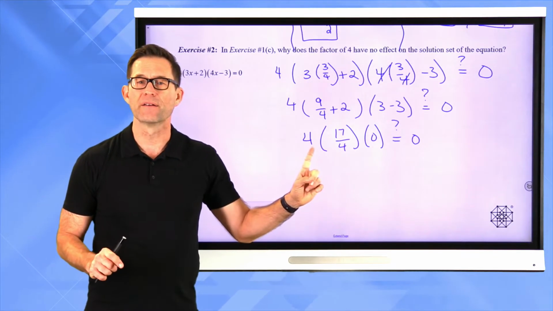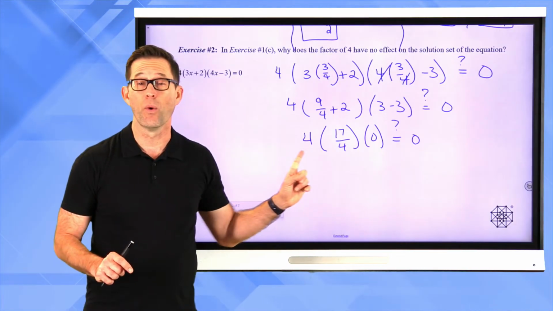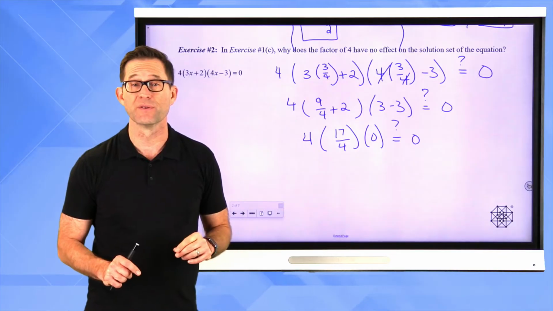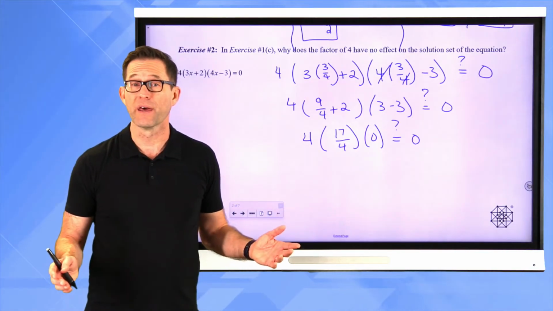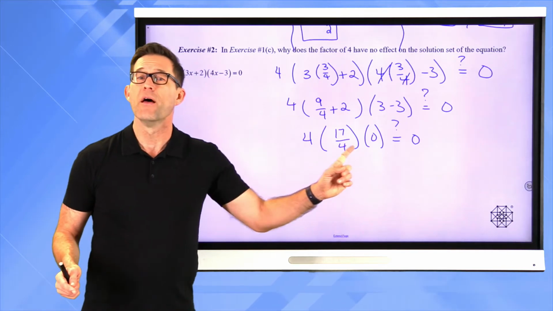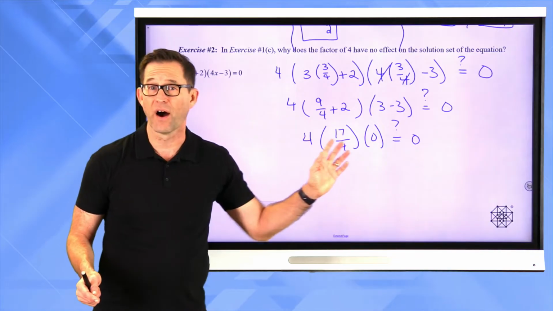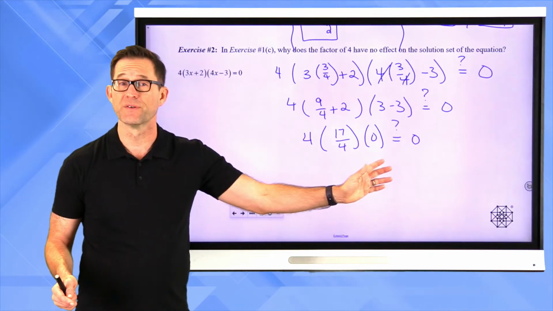And the plain fact is, as long as any one of these three things was equal to 0, then we were going to get a solution. The 4 really has nothing to do with it, right? This thing is still going to be a 0 because we've got one of the factors equal to 0.